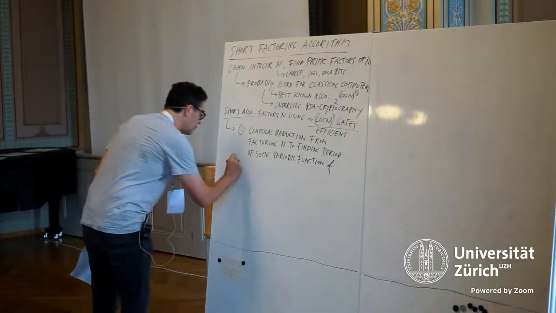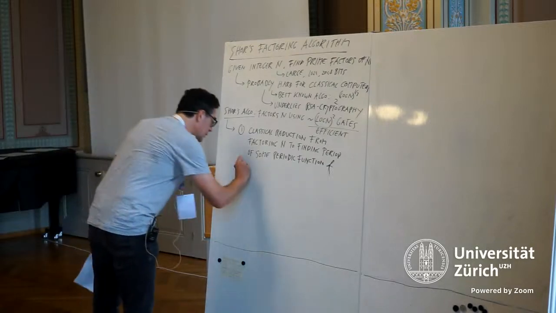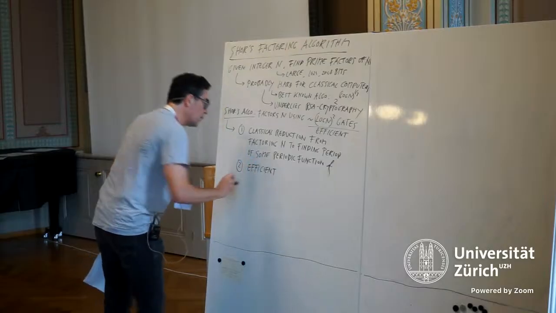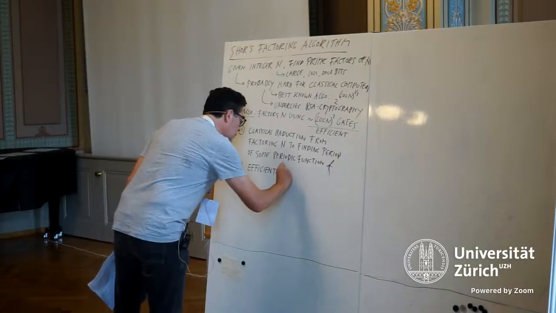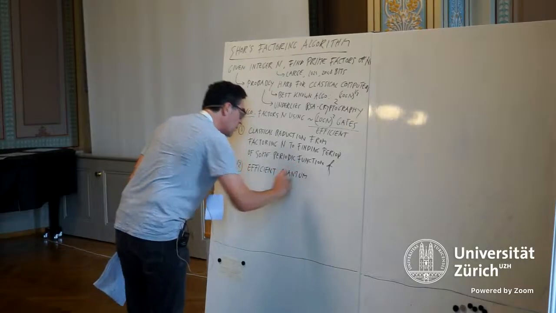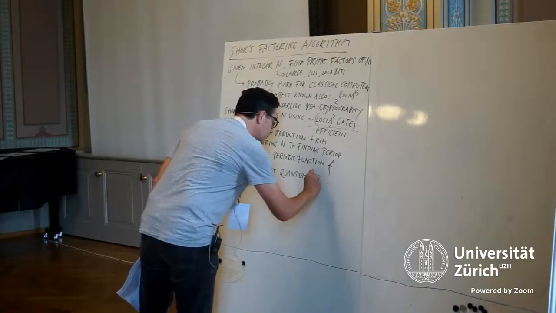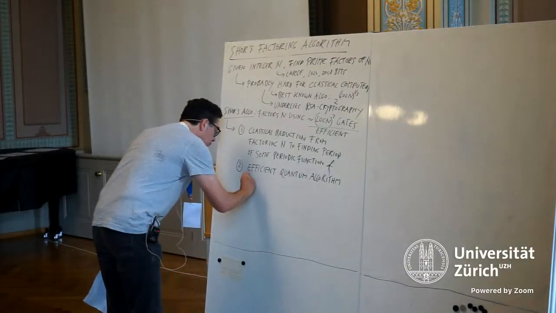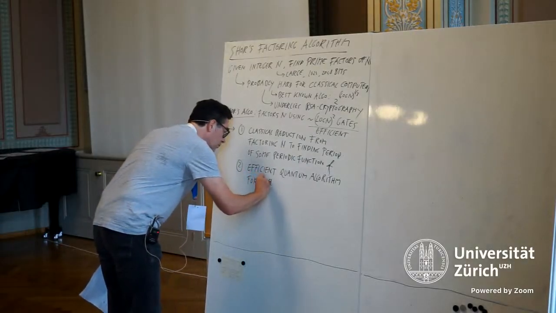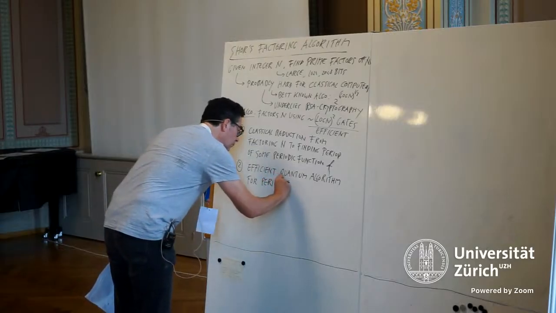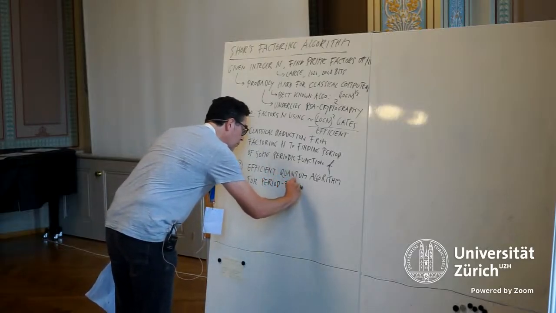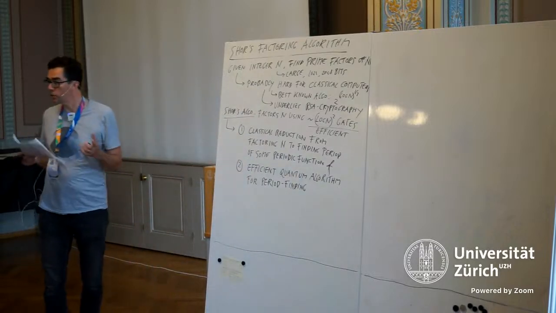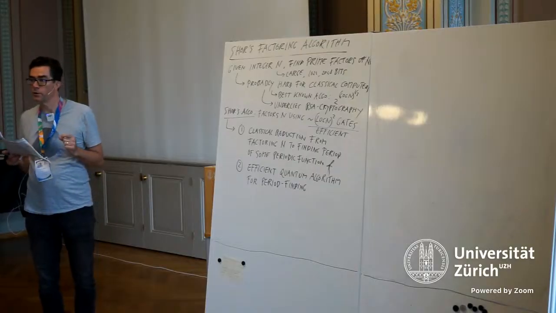This is an efficient quantum algorithm for this period finding problem. So these are the two things I will explain in this hour, starting with the first, the classical reduction.